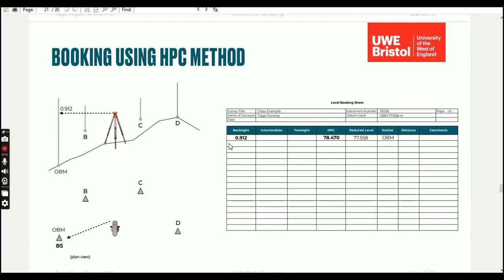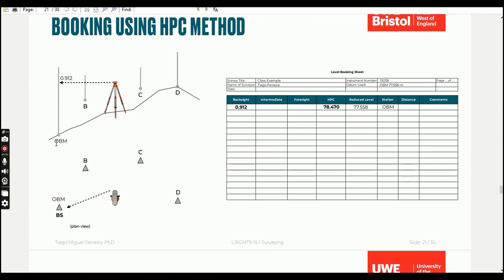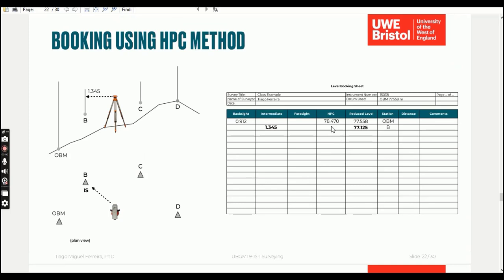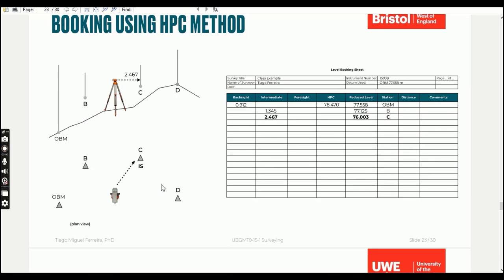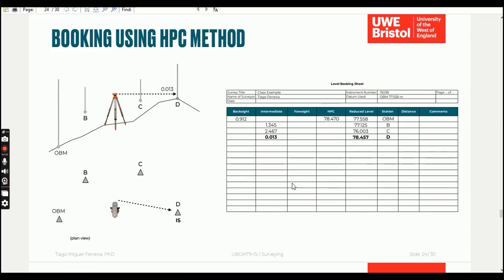When we take the first reading on backsight at OBM, we write it in the backsight column, and this backsight is added to the reduced level to get our HPC. Once we have the HPC, we take a reading on point B and write it in the intermediate column. When the intermediate is subtracted from the HPC, you get the elevation of point B. The same goes for points C and D.